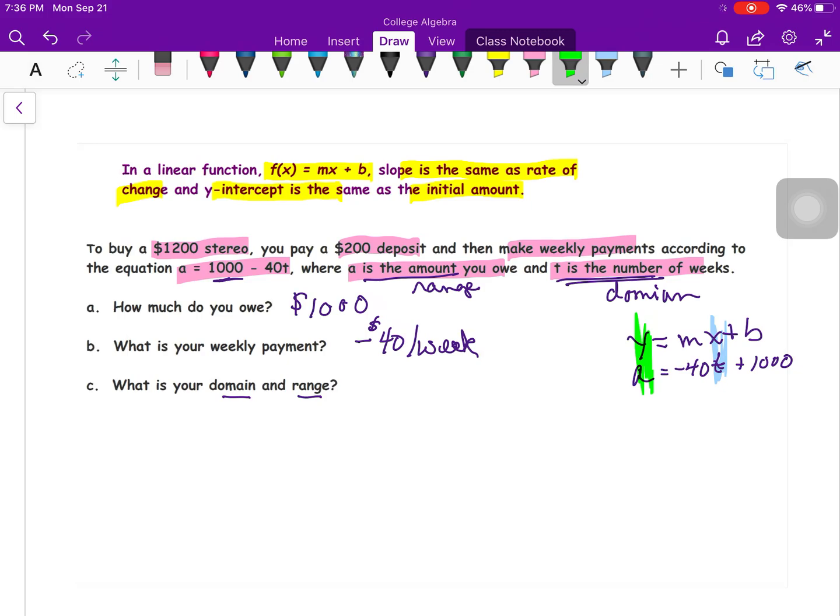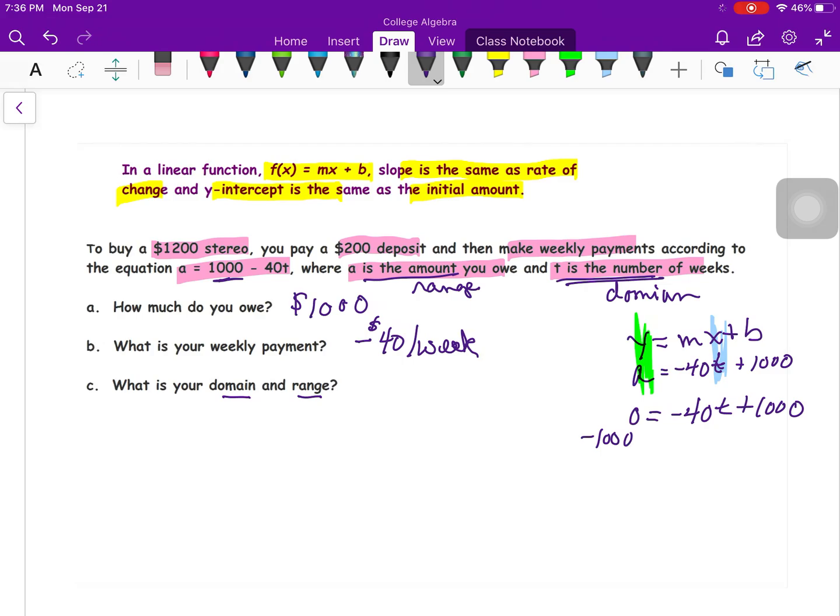If I want my maximum domain, I want my maximum t, so I'm going to put a 0 in for y. So A is 0 equals negative 40t plus 1,000.